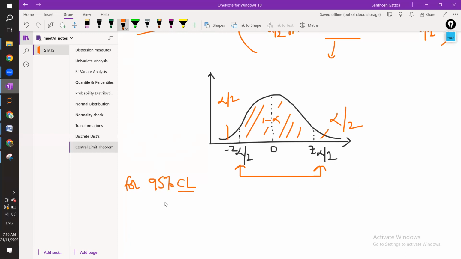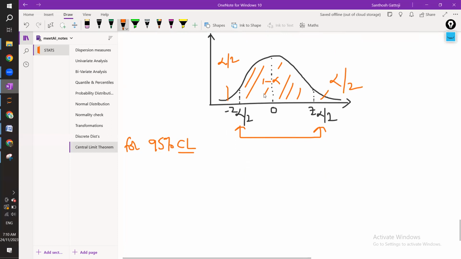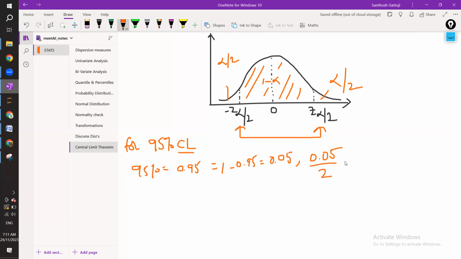Now for the 95% confidence level, what will be the 1 minus alpha? 95% will be 0.95, and alpha will be 1 minus 0.95, which is 0.05. So alpha is 0.05, and alpha by 2 will be 0.025.